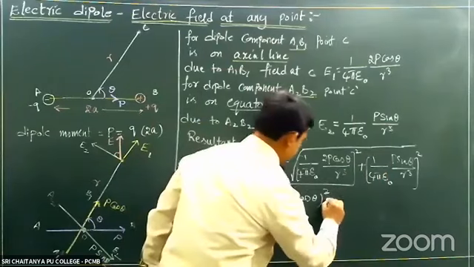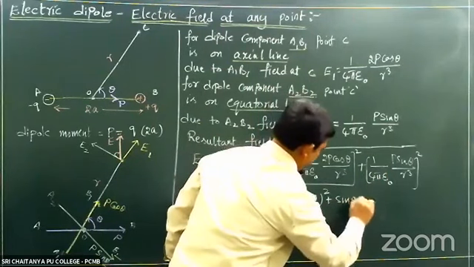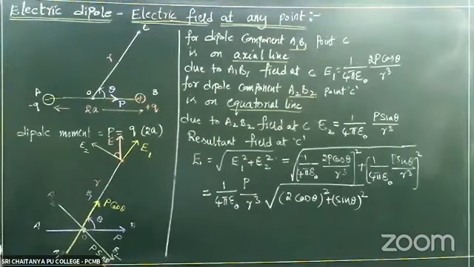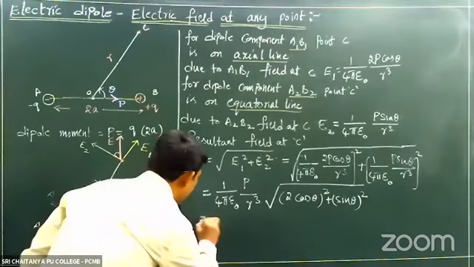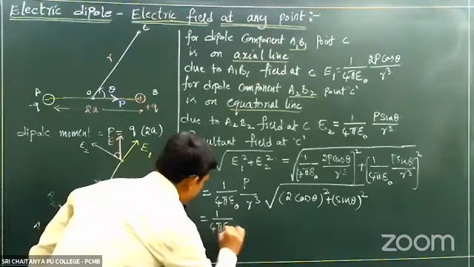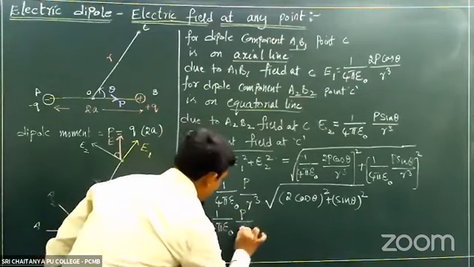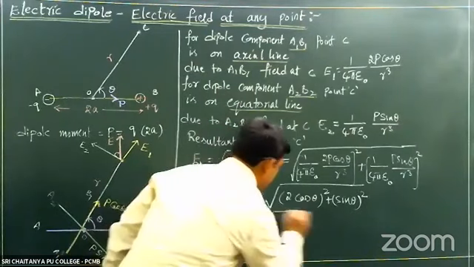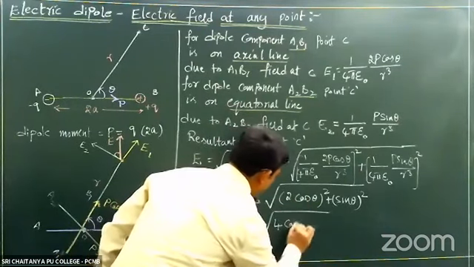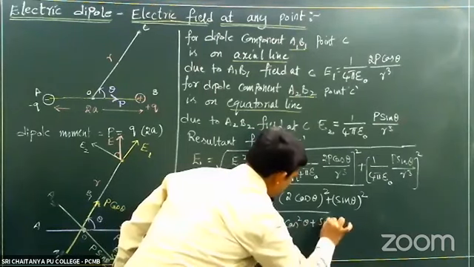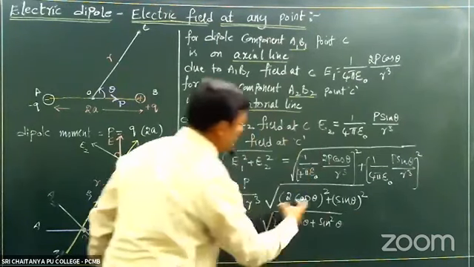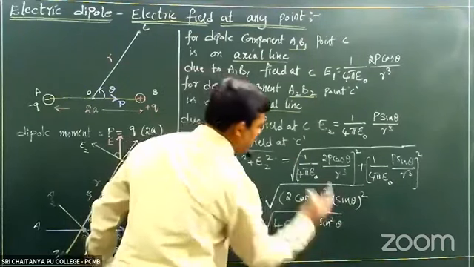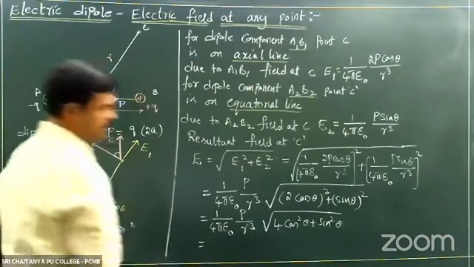In this, sin square theta. These two remain. Come on, simplify. 1 by 4 pi epsilon naught P by R cube. This can be written as 4 cos square theta plus sin square theta. 2 cos theta whole square, 2 square, 4 cos square theta, plus sin square theta. Then what is the final answer?